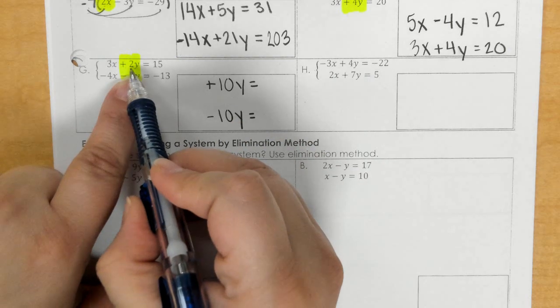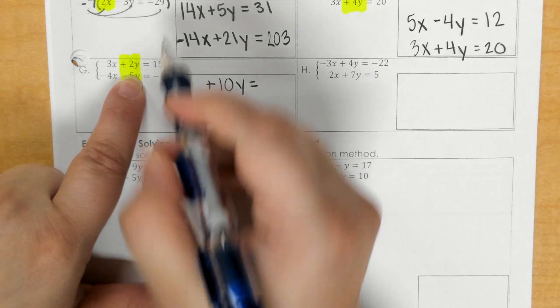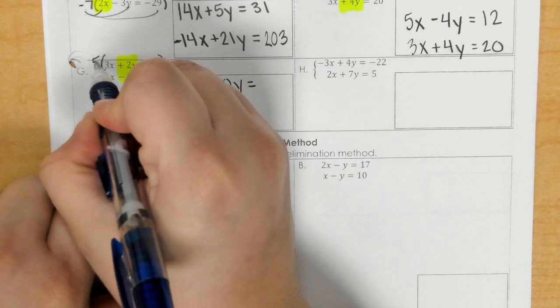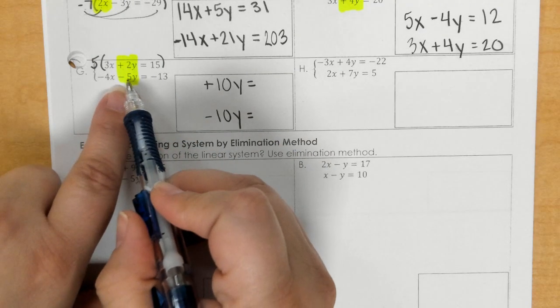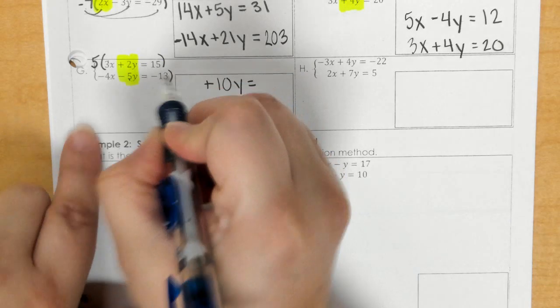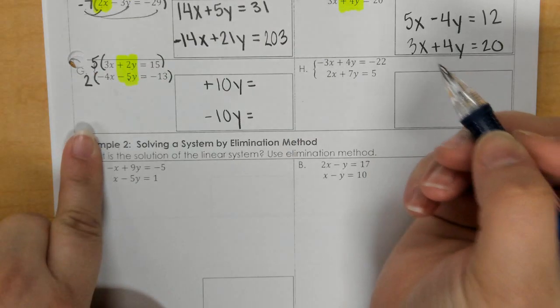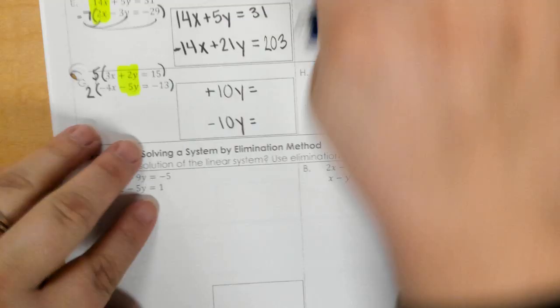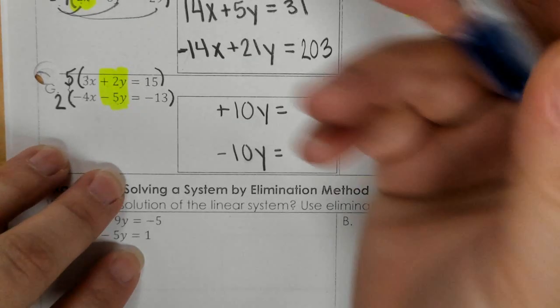All right, so for 2y to make 10, we'd multiply by 5. Okay. For negative 5 to make negative 10, we have to multiply this by 2. So now, let's distribute.